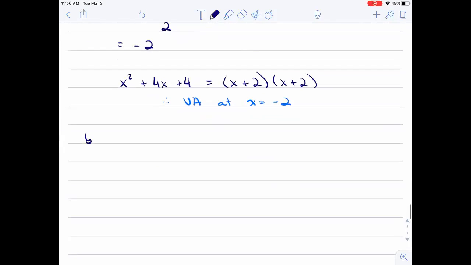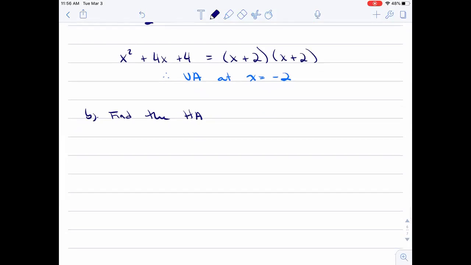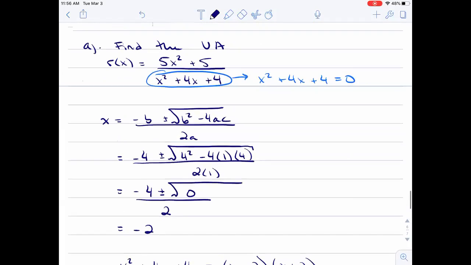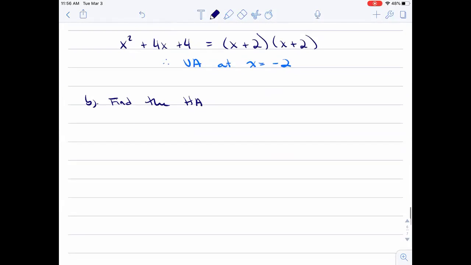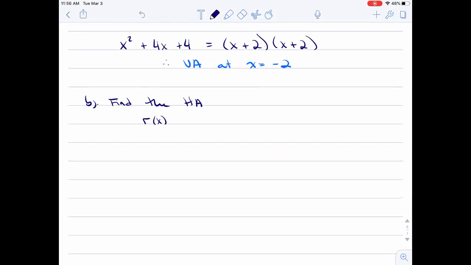So part B, find the horizontal asymptote. If we have r of x equals 5x squared plus 5 over x squared plus 4x plus 4, I'll just copy it from here.